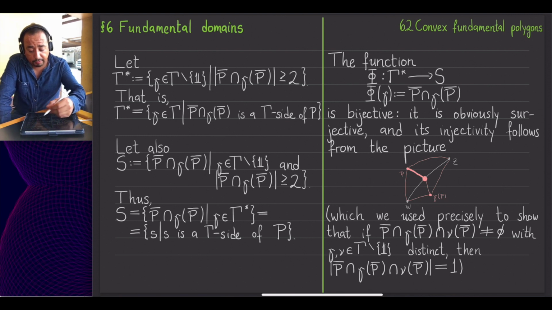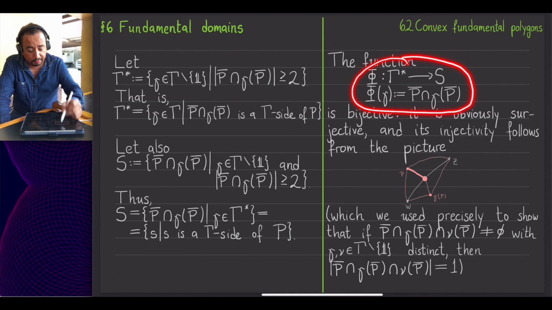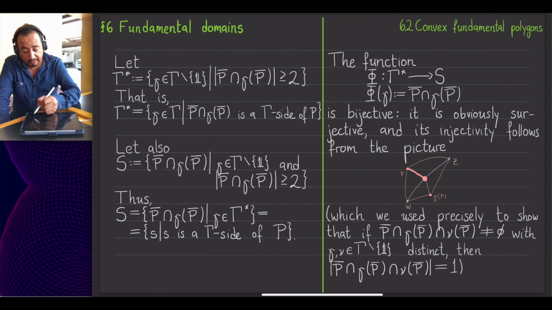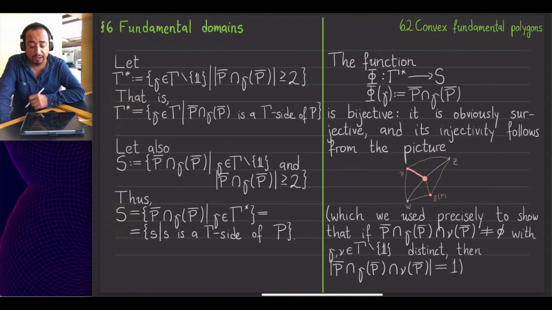Of course, by the very definition, for each element of gamma star, we have a side. Right? So we have this obvious function, which is obviously surjective, because every side comes from at least one element of gamma star.